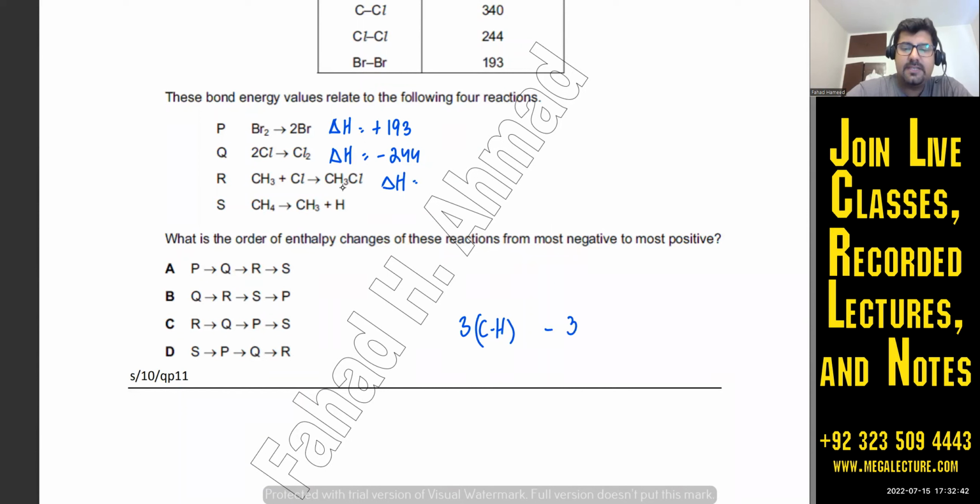That's 3 C-H and 1 C-Cl bond. One way to do the bonds broken minus bonds formed thing is you can either break all the bonds and form all the bonds. Sometimes it's very obvious that there's no point writing the C-H bonds because they're getting broken and formed again. So these two things will cancel out, right?